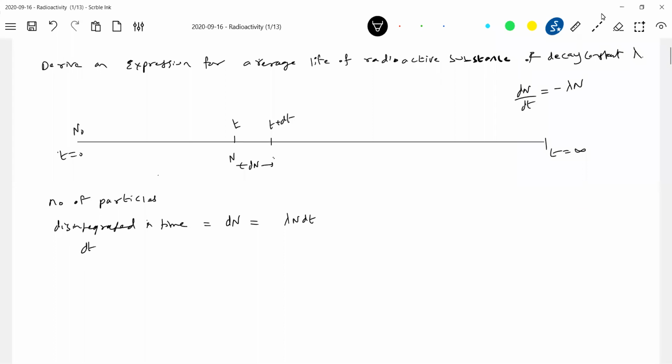Then what is the lifespan of each of these at time t? At time t, in a small interval of time dt, dN nuclei disintegrated. What was the lifespan? This was the lifespan.